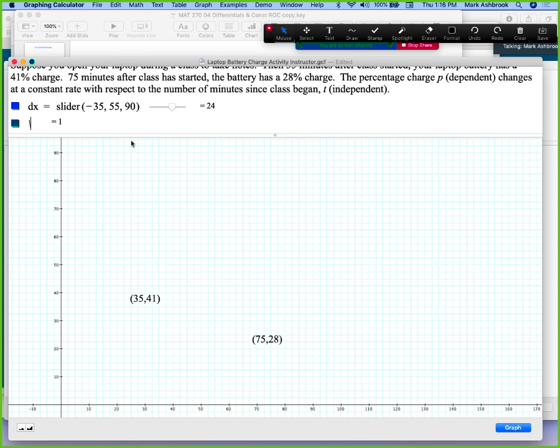Type it in, and then hit backslash again. So like I made dx be the variable. And then you write equals slider, parentheses, and then starting value, ending value, and number of steps.